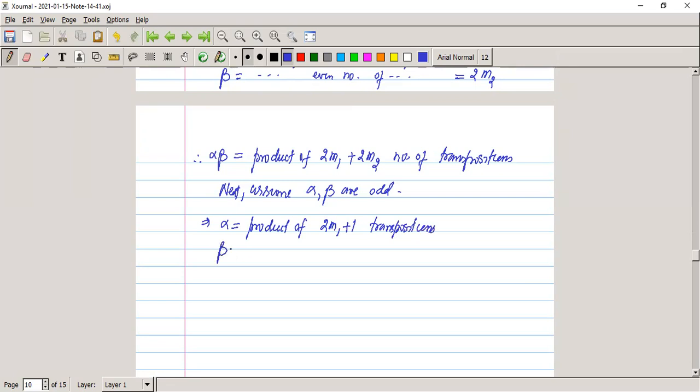Similarly, beta is equal to product of 2m2 plus 1 transpositions. So then alpha into beta will be equal to product of 2m1 plus 1 then plus 2m2 plus 1 transpositions.